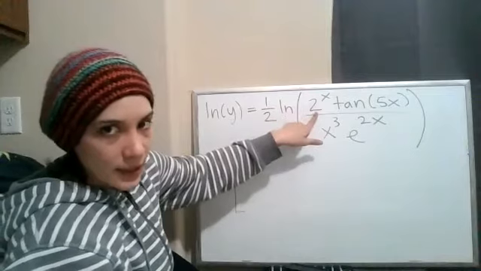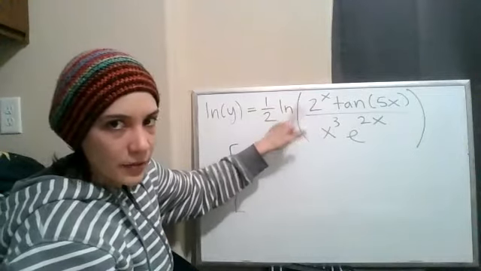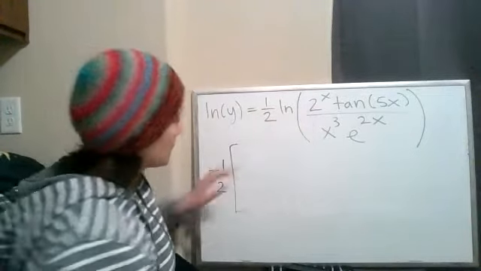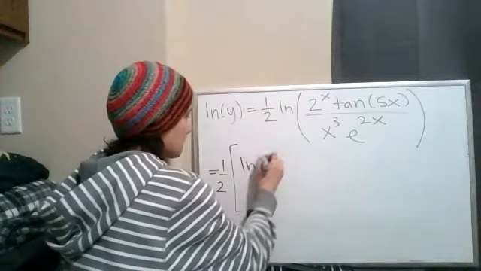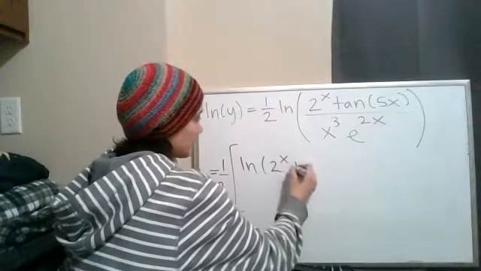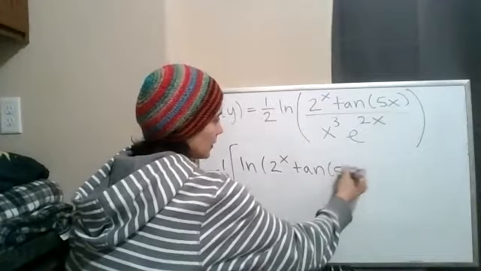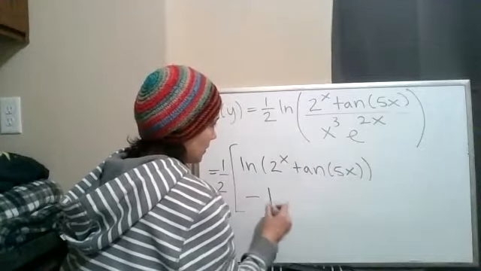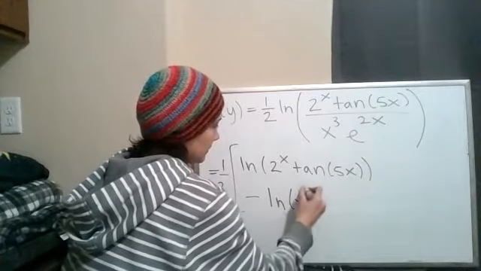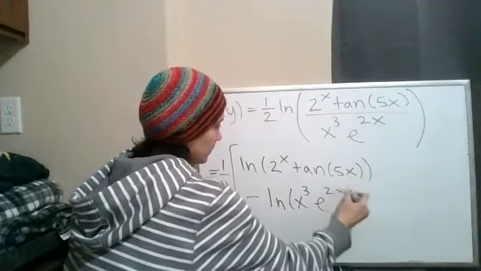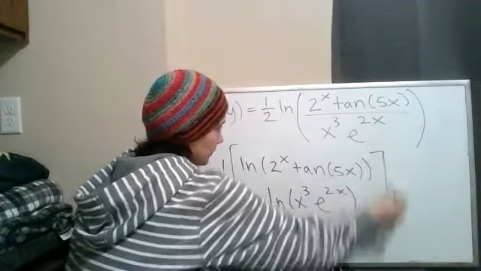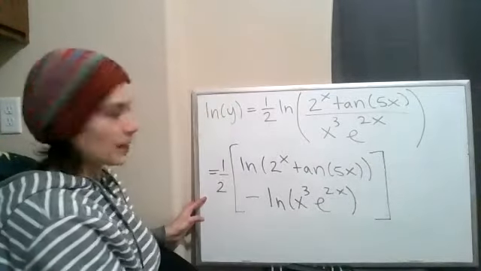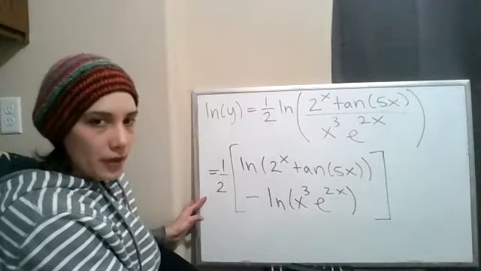1/2 ln of what's in the numerator, and then subtract ln of what's in the denominator. More log rules.